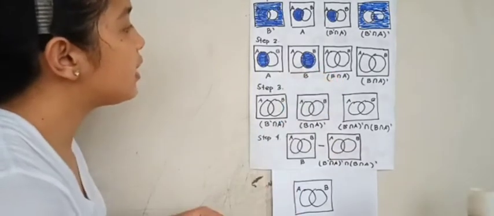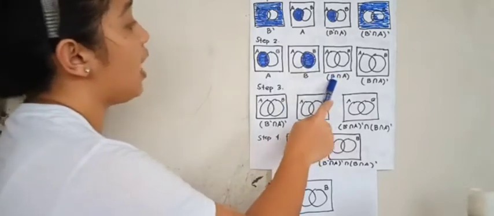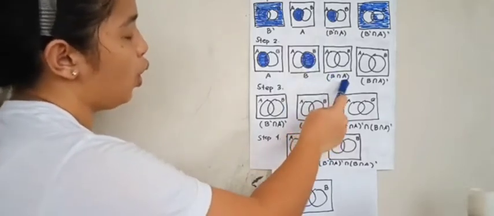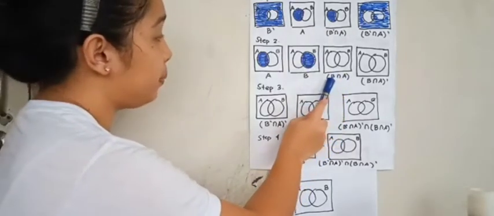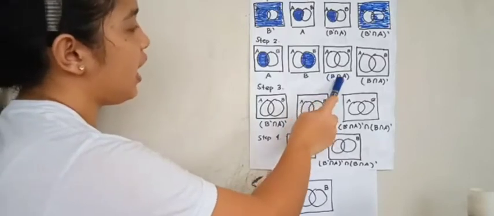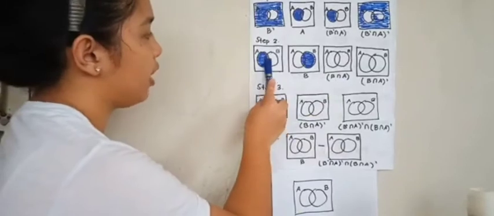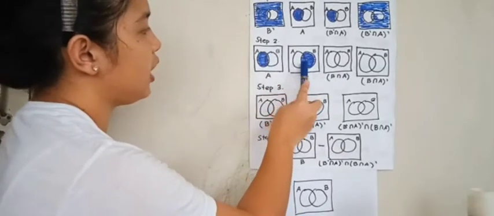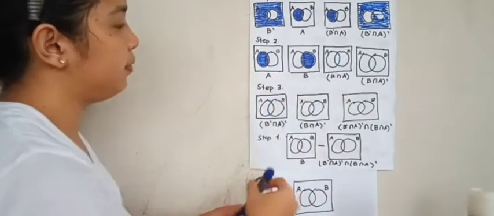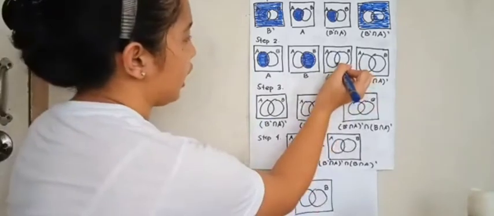After that, it says B intersect with A. So when B and A collide, they collide in this region. So we shade this intersect here.